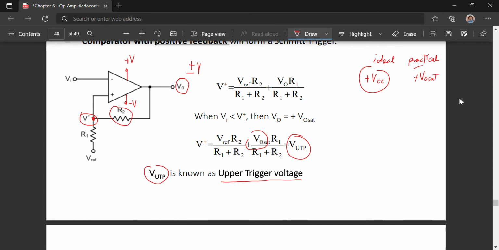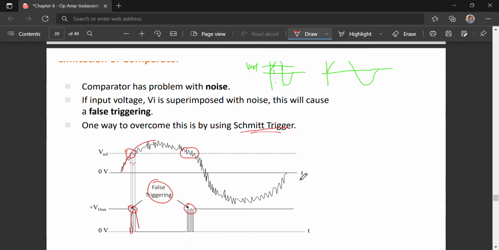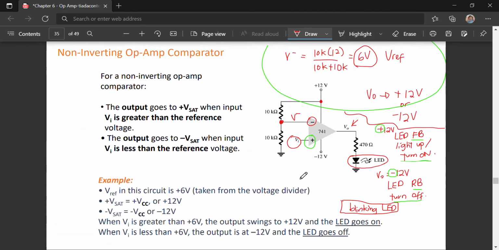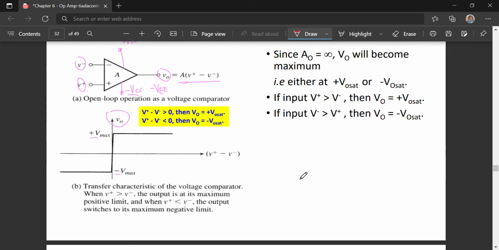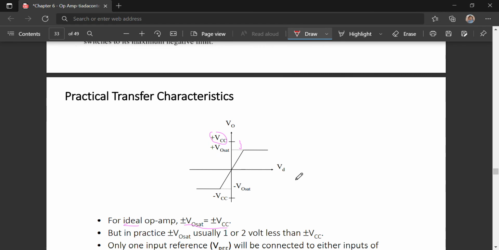You can refer to the previous slide over here.